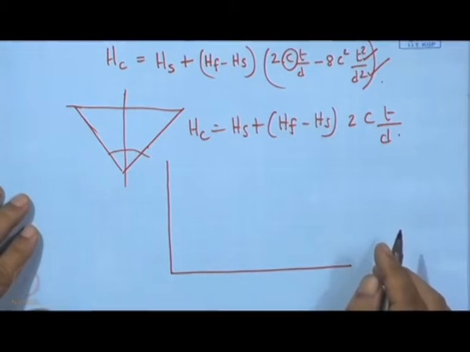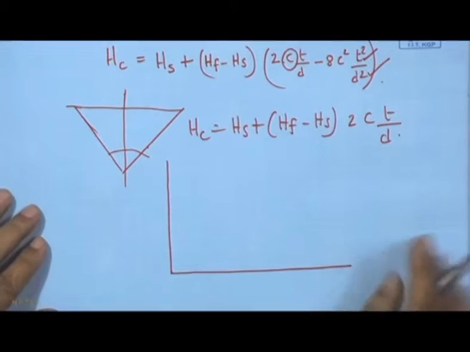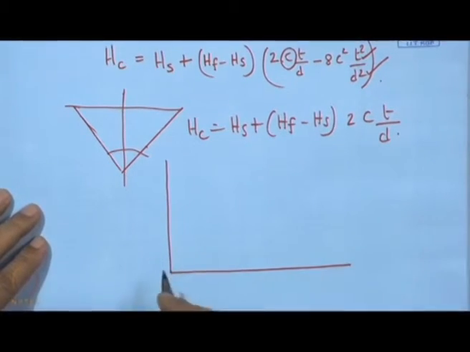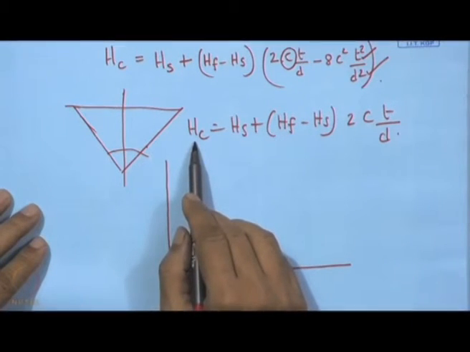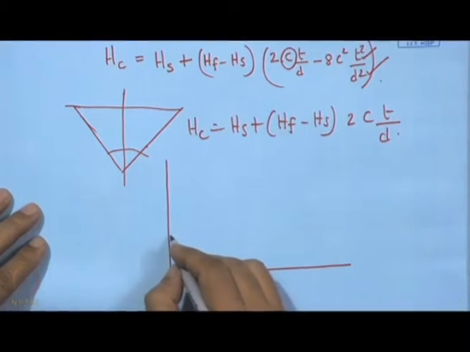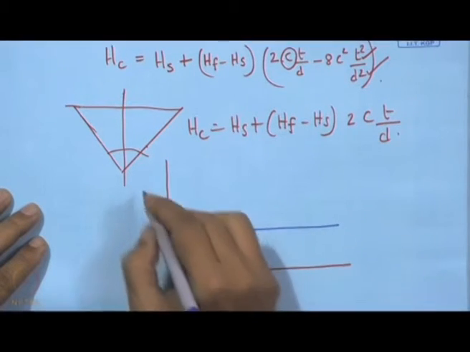So, what we are actually measuring with this Vickers hardness tester is not HF, we are actually measuring HC. So, for a bare uncoated sample we can show this value.